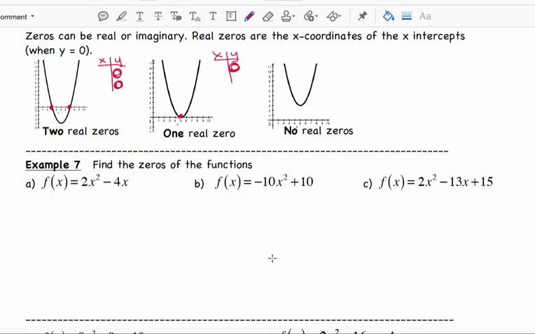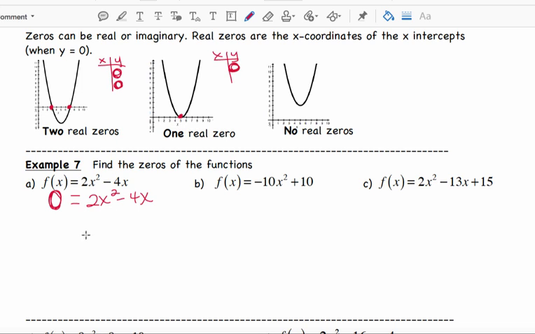Okay, so I'm going to go down here to example 7a, and I'm going to plug in a 0 for my y value. Remember, the f of x is just your y variable. So a 0 is going to go in for f of x, and then we're going to go ahead and solve for x.